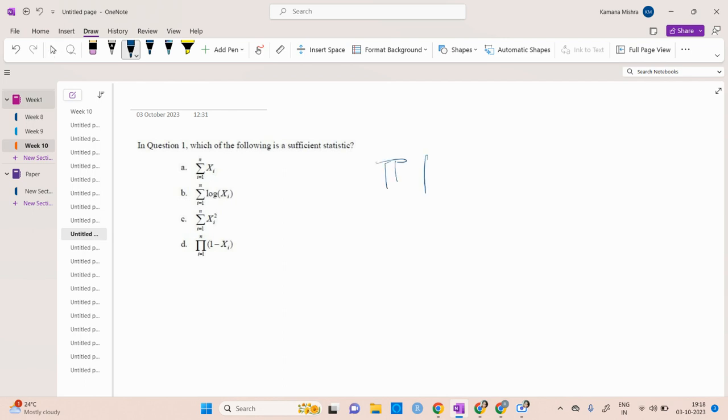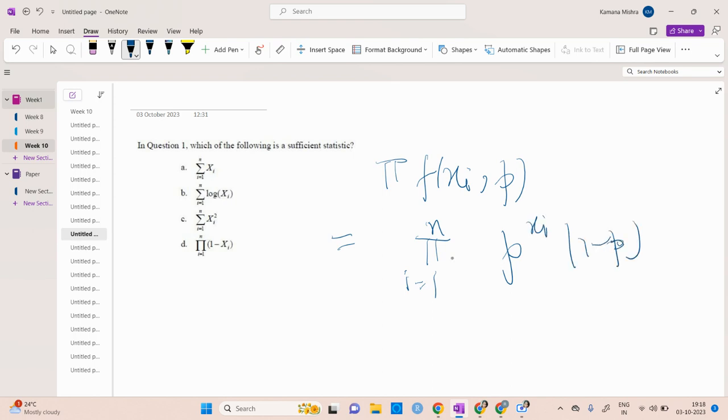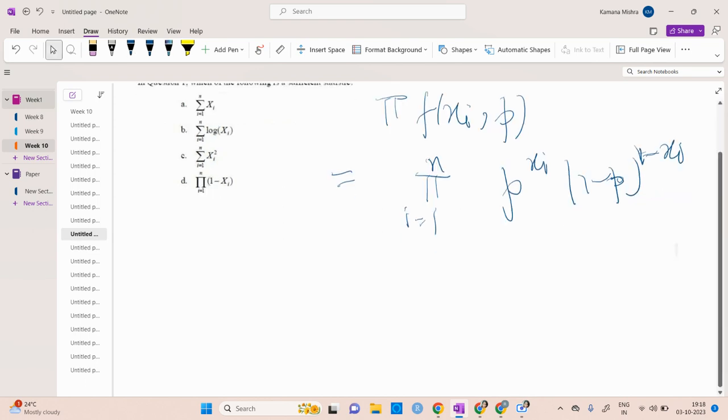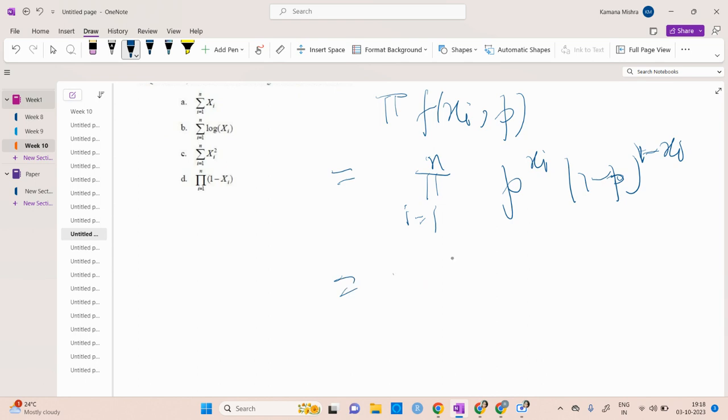So firstly we can find f(xi, theta), with theta being p here, and that one is Bernoulli, so it will be product from i equal to 1 up to n of p to the power xi times (1 minus p) to the power (1 minus xi), right? So now we can write it as product from i equal to 1 up to n.